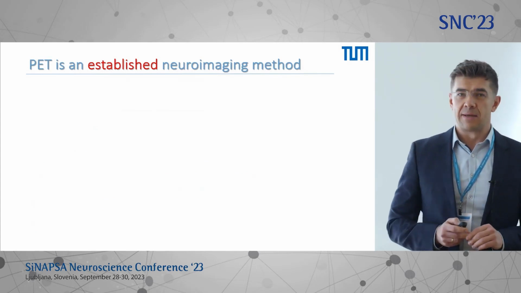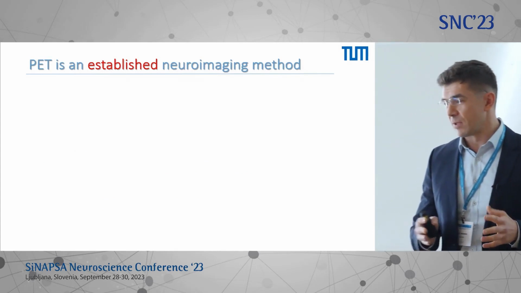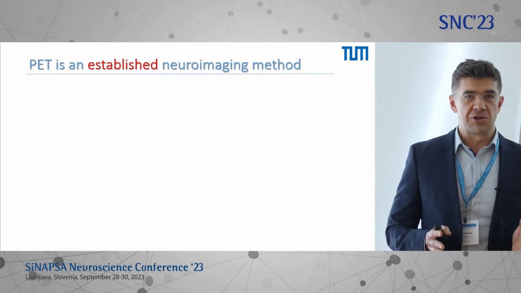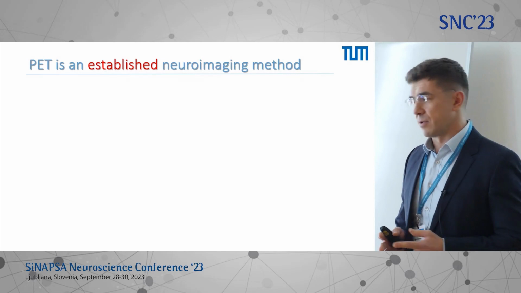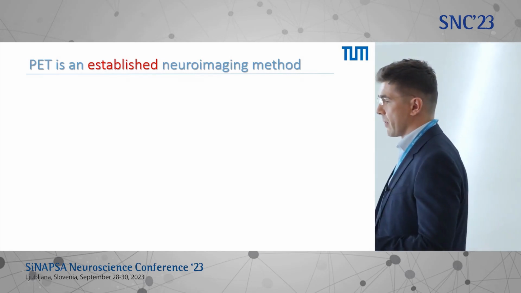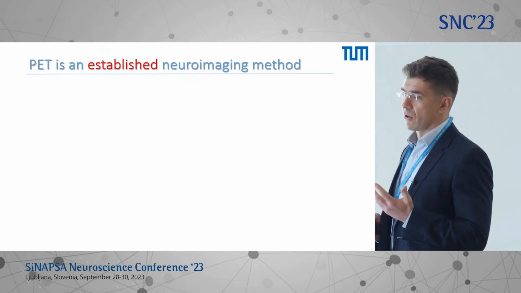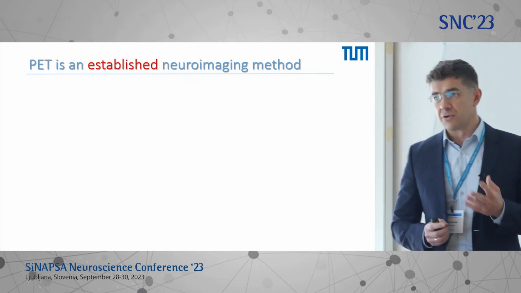So first, I would like to postulate that PET is an established neuroimaging method. How can one say if a method is established? In my eyes, a method is established if it has a regular practical utility.